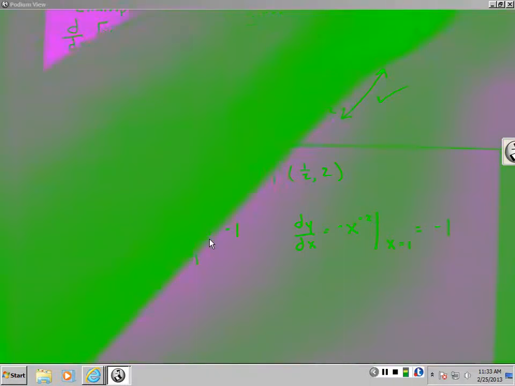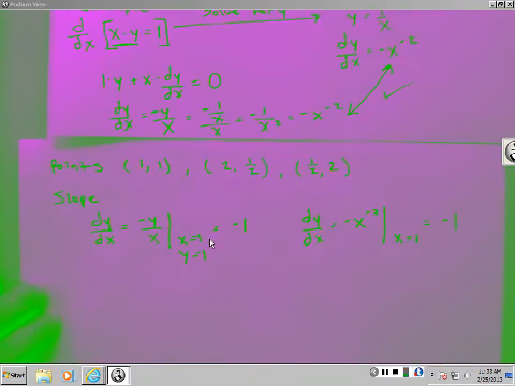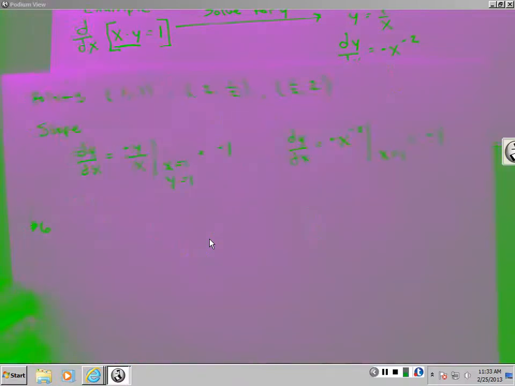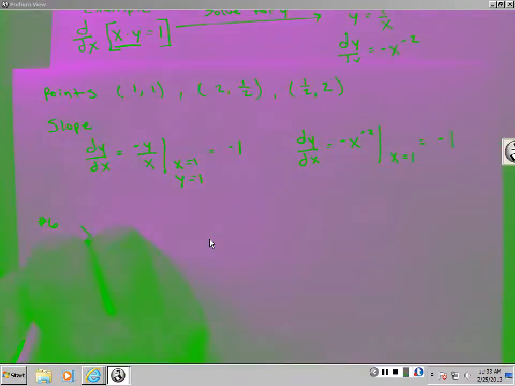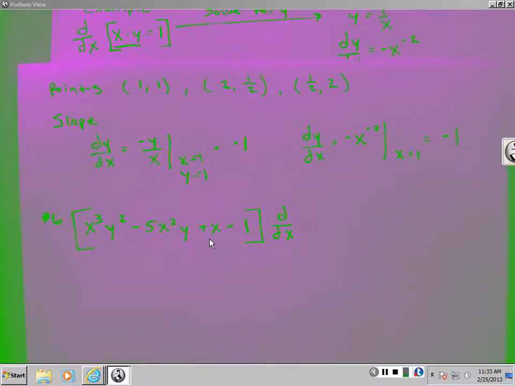So this is number 6 from your book. We have x cubed y squared minus 5x squared y plus x equals 1, and I want to find dy dx.